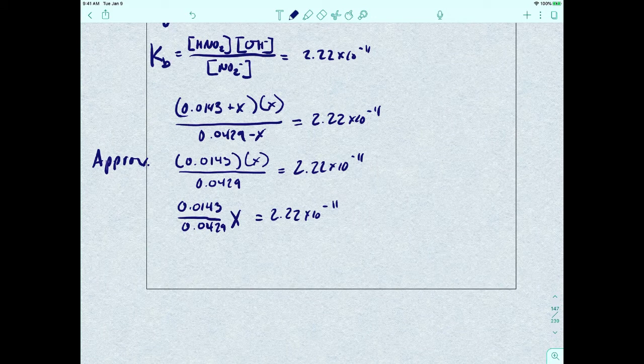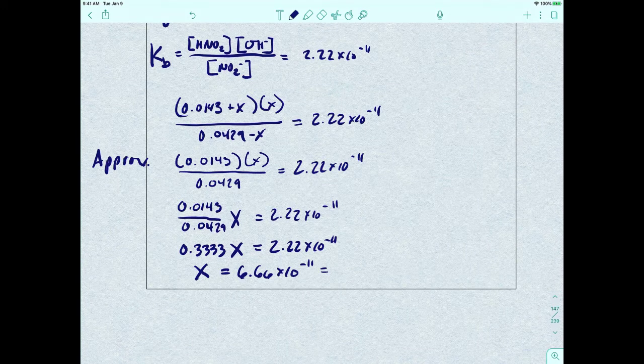So now what we're going to do is solve for X. Well, if we do this division, 0.0143 divided by 0.0429, that number actually comes out to be 0.3333. So 0.3333 times X is equal to 2.22 times 10 to the minus 11th. If we solve for X by dividing by 0.3333, X comes out to be 6.66 times 10 to the minus 11th. And so that's your concentration of hydroxide ion at equilibrium.